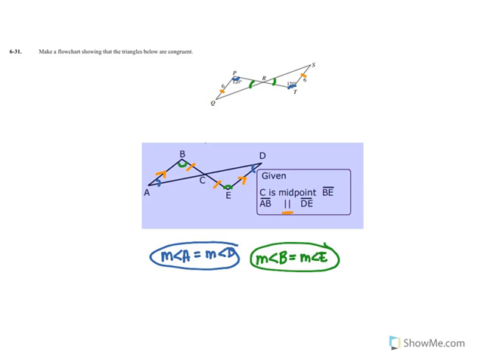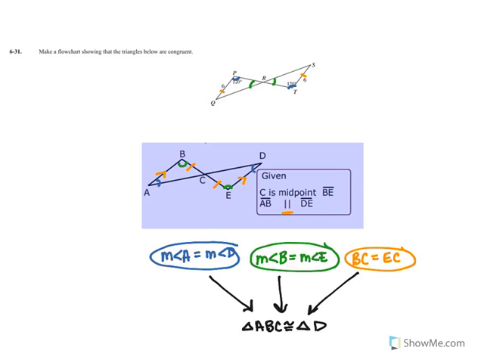The next thing that we can write is BC equals EC. Now we have our arrows. And we can say triangle ABC is congruent to triangle D corresponds to A, E corresponds to B, and C corresponds to C. And then we say this is angle, angle, side, congruence.